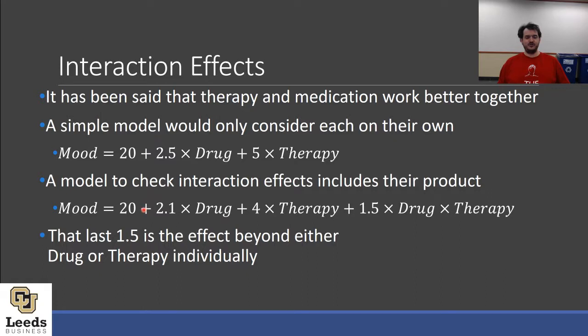Your prediction is now 22.1 instead. So not only does it disentangle a little bit, yes, some of the effects of drug and therapy that we're observing are a result of them being together, but it also lets us say what can happen when one of them is absent, or when everything is absent.